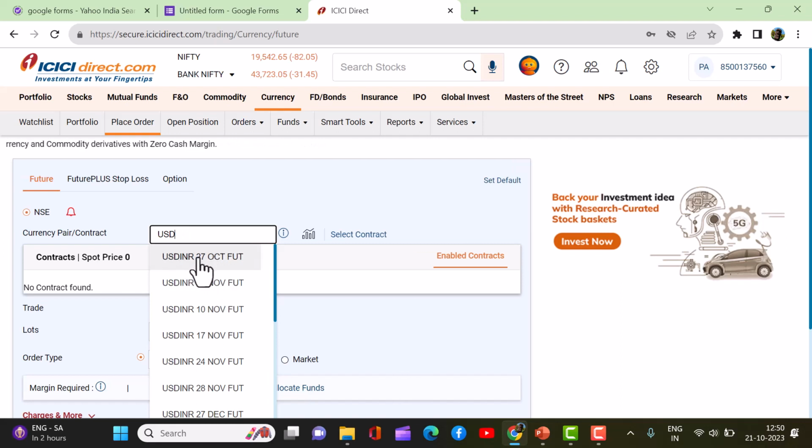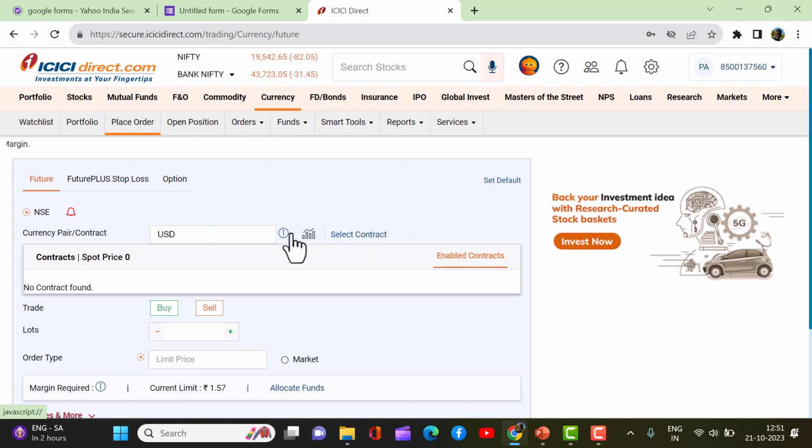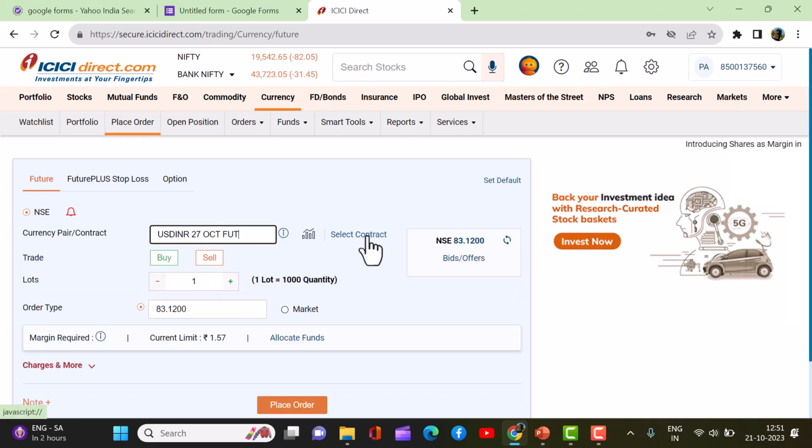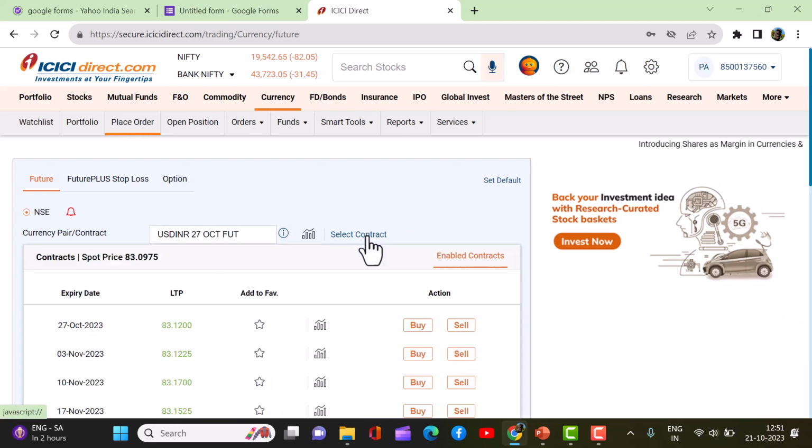So it is USD INR, 27th October, 3rd November, 10th November. So you can just look at these contracts. So just choose one contract and then select contracts. You go to there.